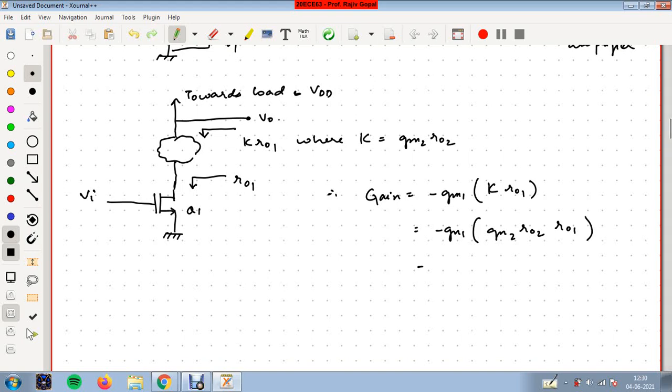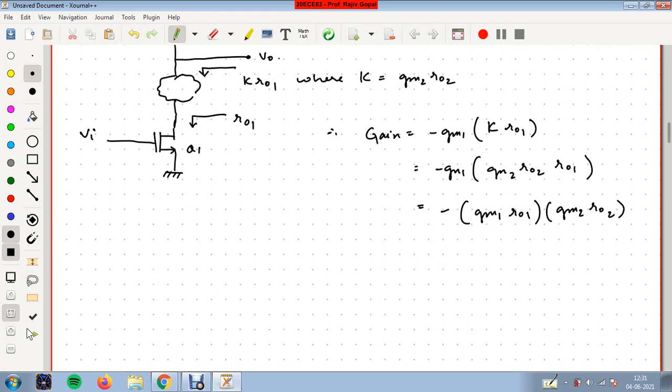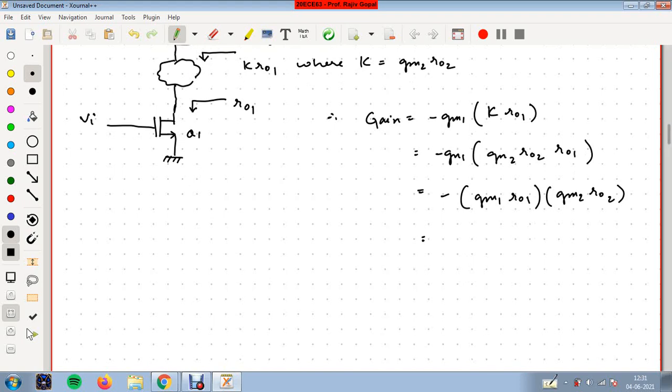Right. Now if you separate it out, I will write it like this: minus GM1 R01 times GM2 R02. Okay, so GM1 R01 is the intrinsic gain of Q1, GM2 R02 is the intrinsic gain of Q2. So this is minus A01 into A02.